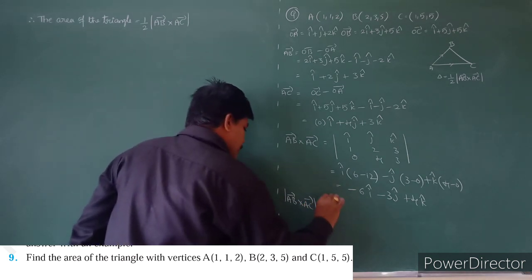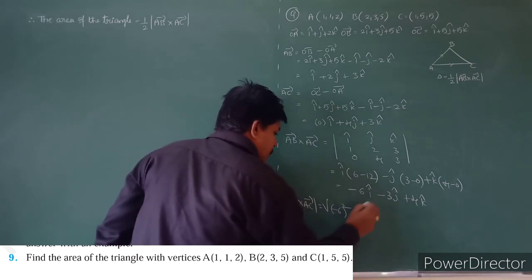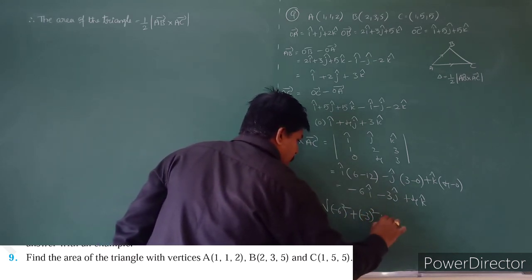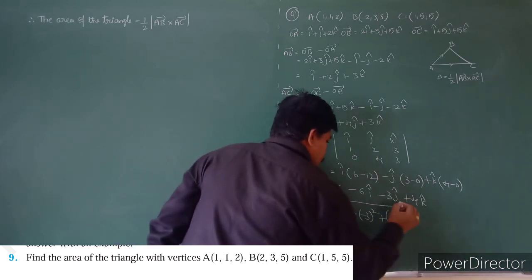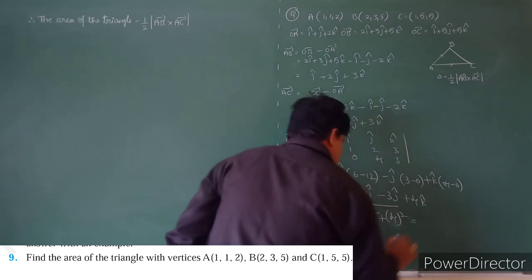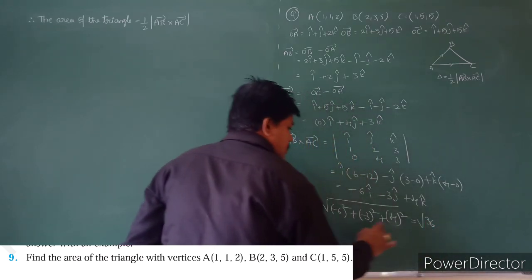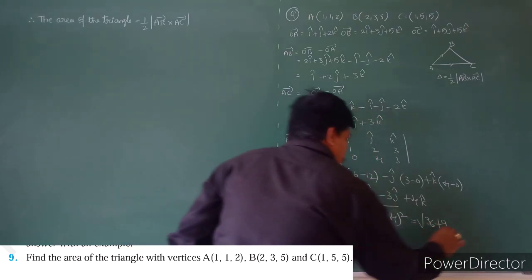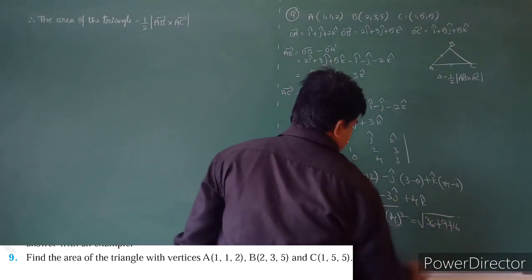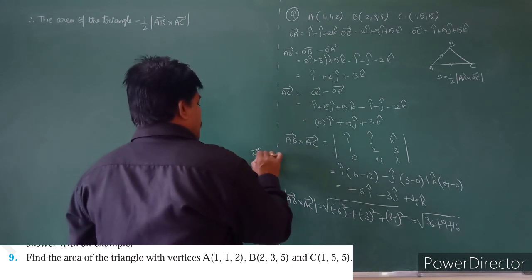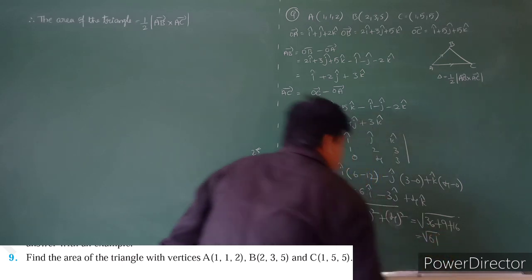What is the magnitude? Square root of minus 6 square plus minus 3 square plus 4 square. That is square root of 36 plus 9 plus 16, which is 25 plus 36, that is 61. So that is equal to root 61.